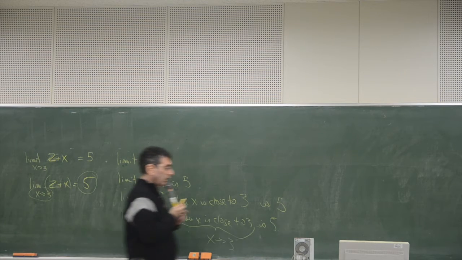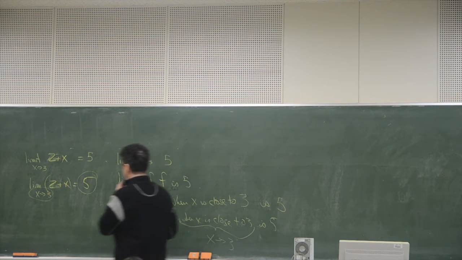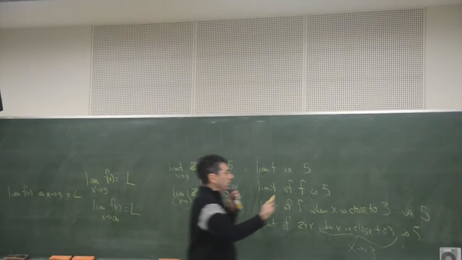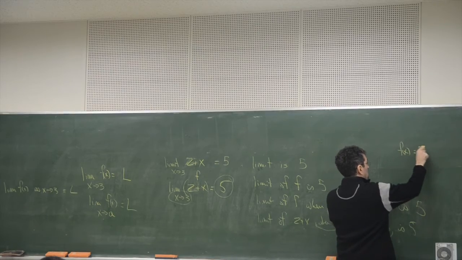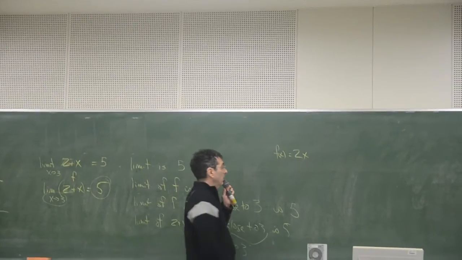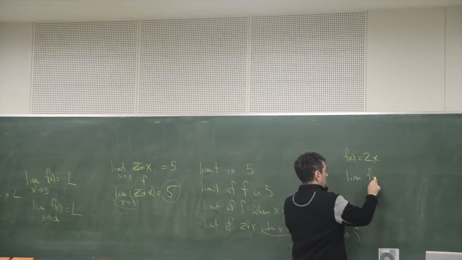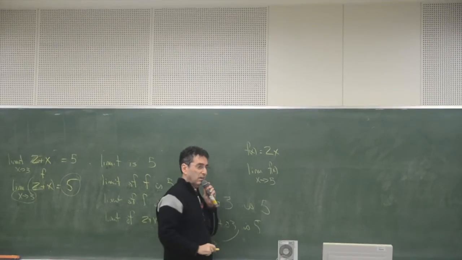So, how about if the function we just looked at was this one here, but suppose the function was a different one. Suppose it was f of x equals 2x, and suppose I wanted to know the limit of this one as x gets close to 5.